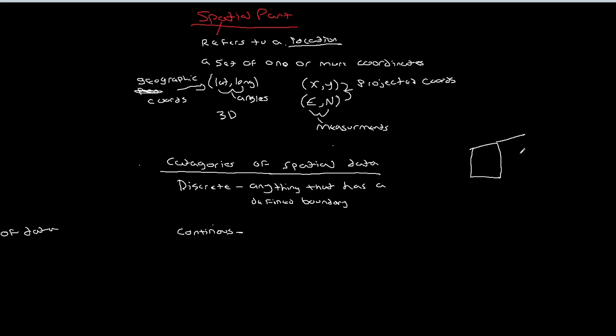And then maybe next to it we have another polygon that is shaped slightly differently, right? Maybe these houses border a cul-de-sac, so there's a circle in the middle, right? These things all have clearly defined boundaries that make them up, right? We can say, hey, this thing starts here, it ends here, it has this shape, right? That means that it is discrete because it has a clearly defined boundary.